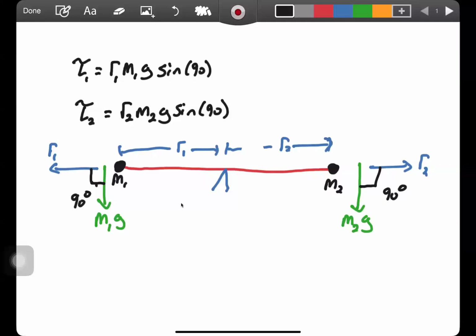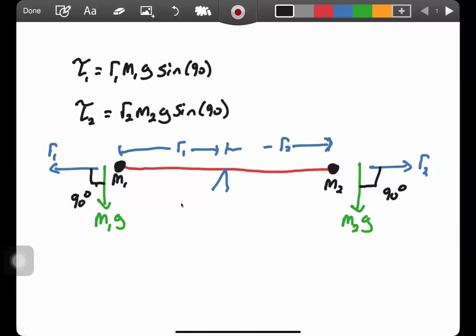And so by convention, if something goes in a counterclockwise direction, we're going to call it a positive torque. And if something goes in a clockwise direction, we're going to call it a negative torque.